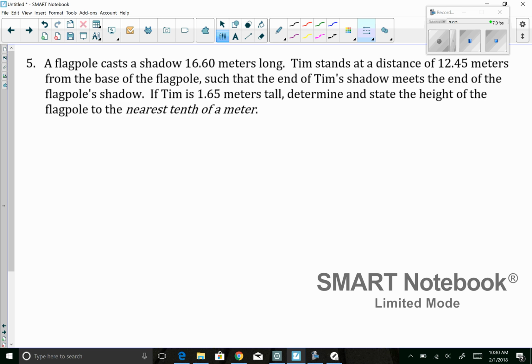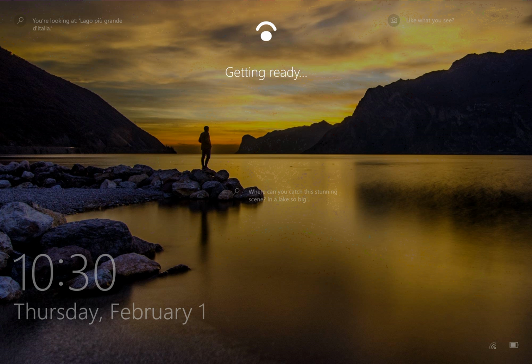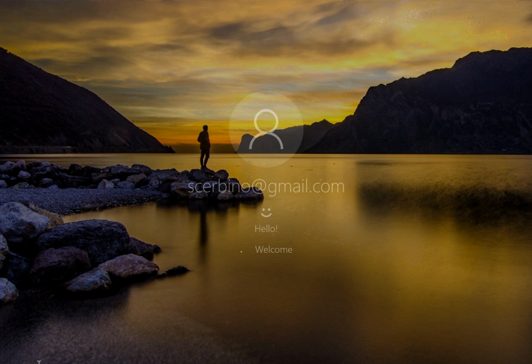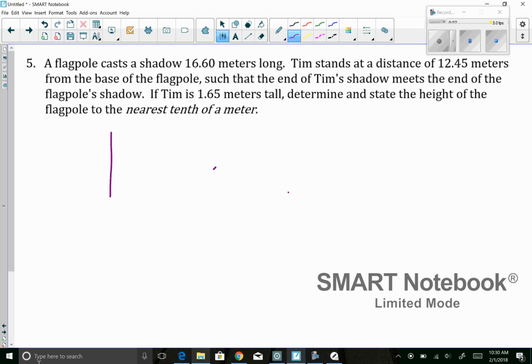So for this, it says that we have this flagpole here, and we can go through and say that we don't know the height of the flagpole.